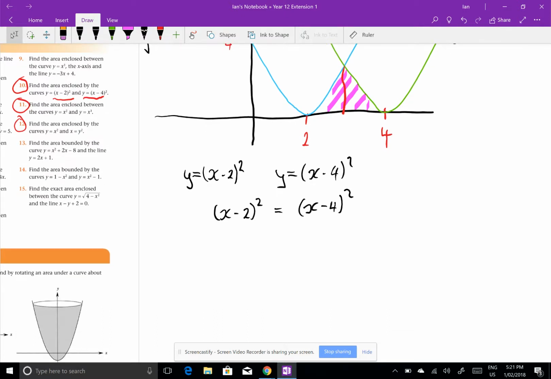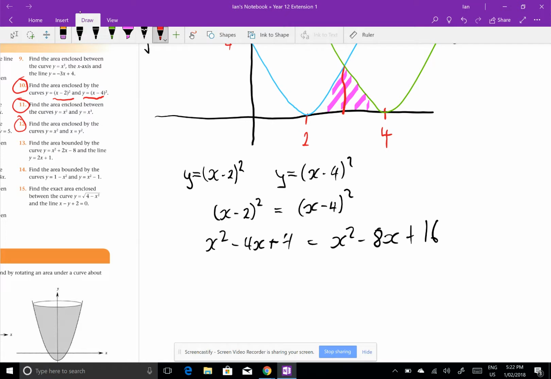Could we square root both sides? I don't think so. Let's expand it. x squared minus 4x plus 4 equals x squared minus 8x plus 16.